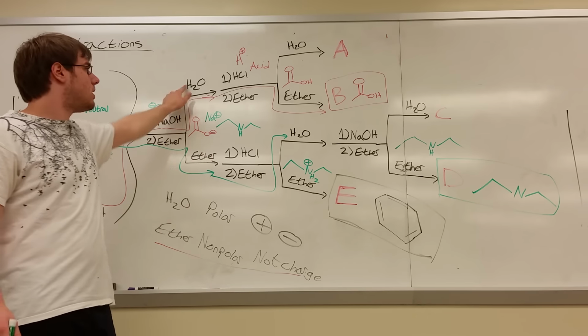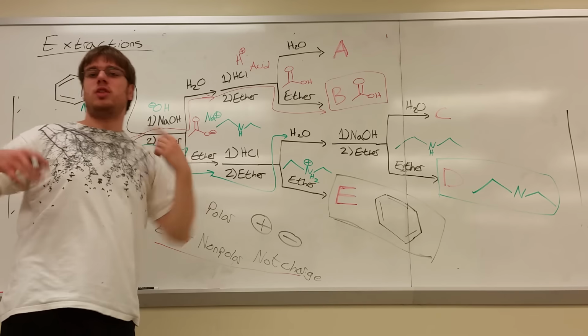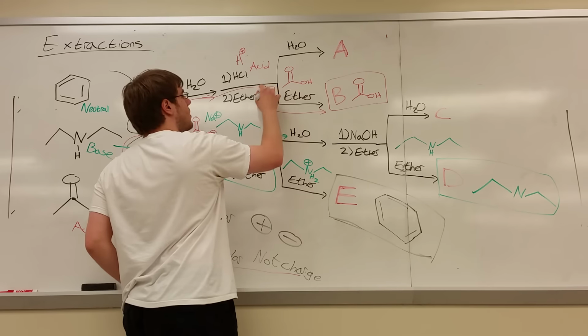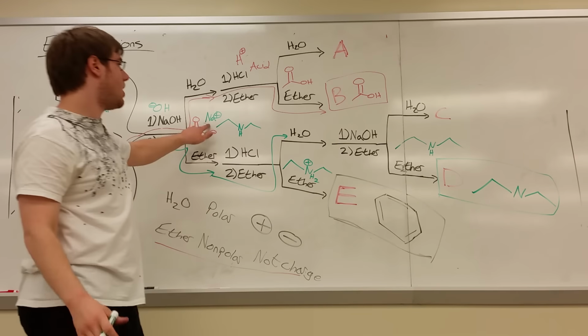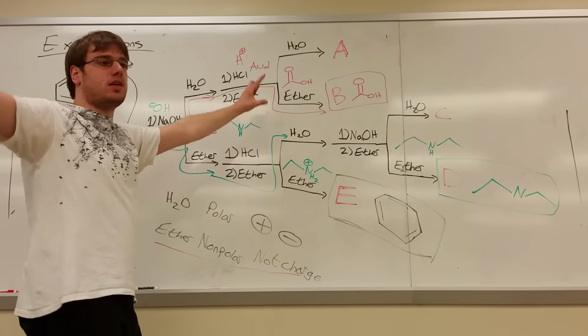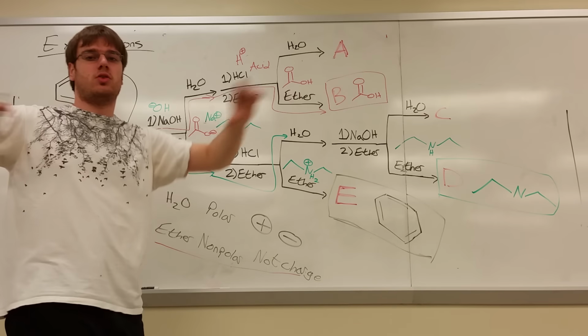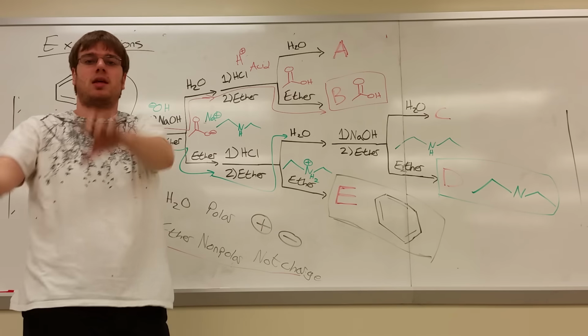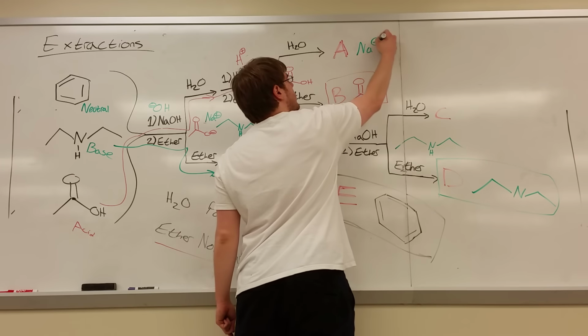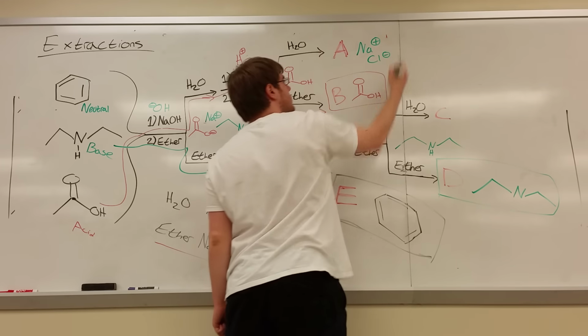acid. And in this step, HCl, we used the H+, but that left behind a Cl-. So now we have a Cl- floating around that will couple with the Na. But they stay as ions because it's an ionic bond. They're always going to be with their associated charges, Na positive, Cl-. So what ends up in A will end up being those ions, the Na positive and the Cl-.